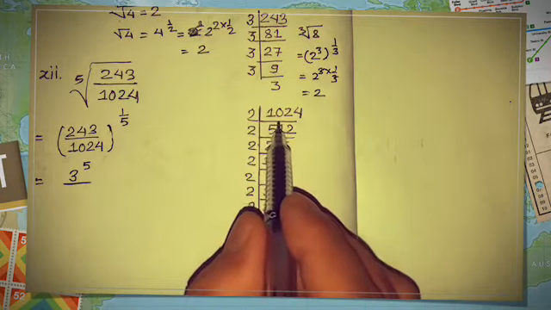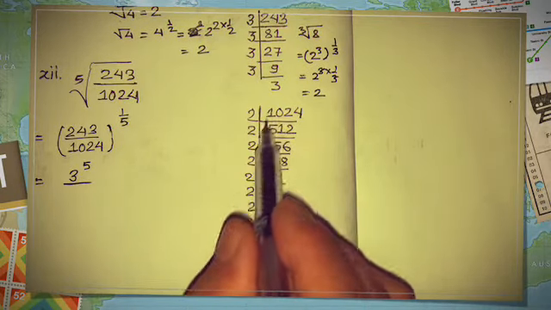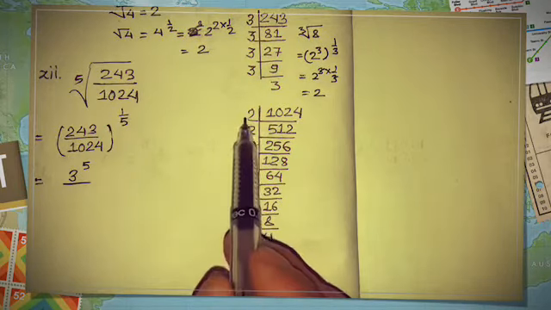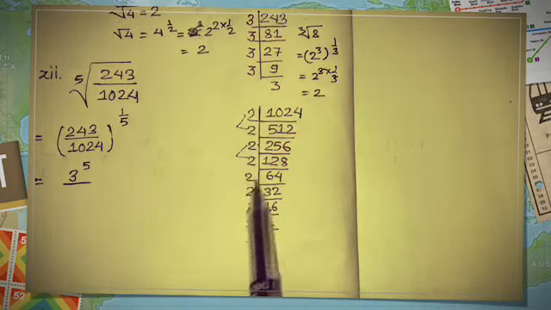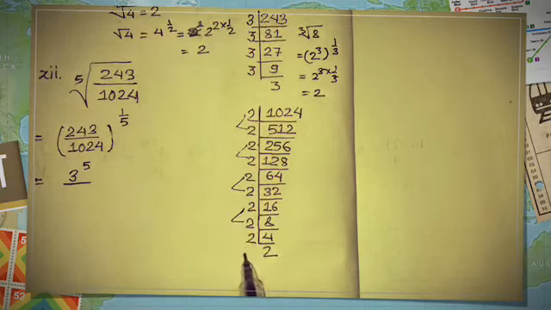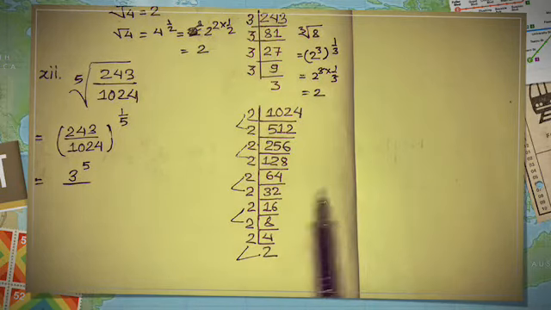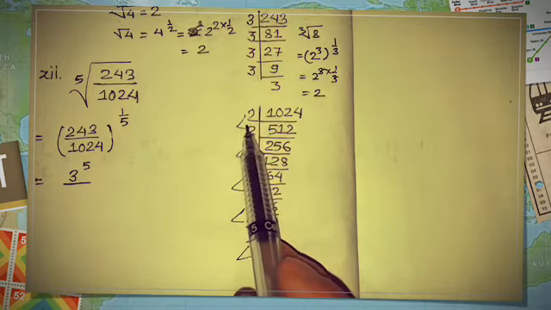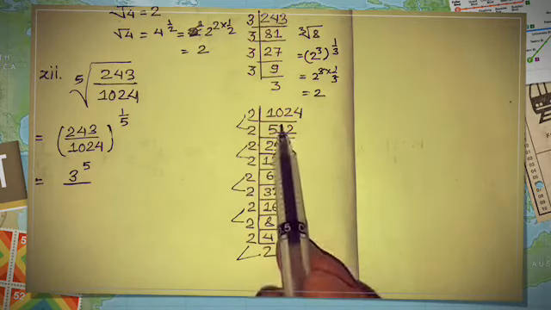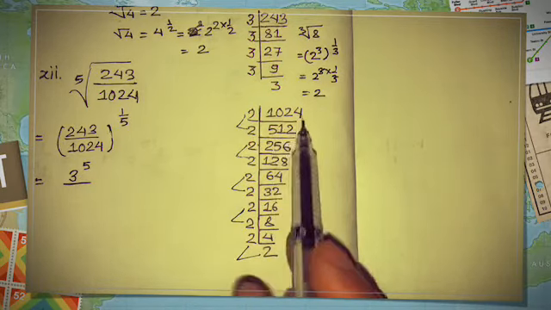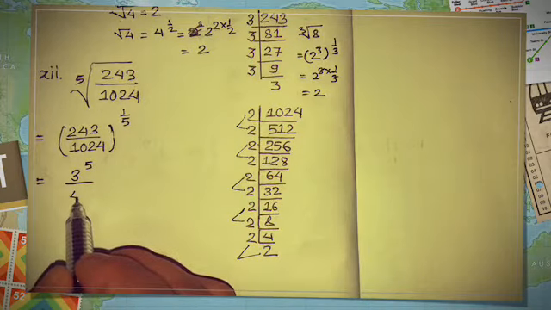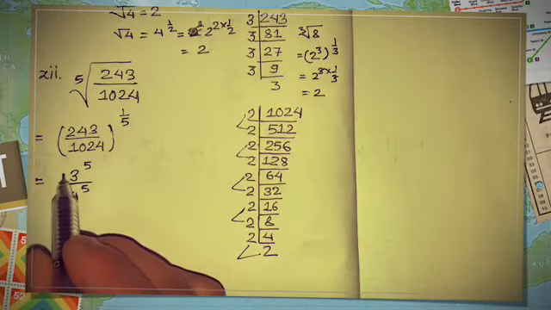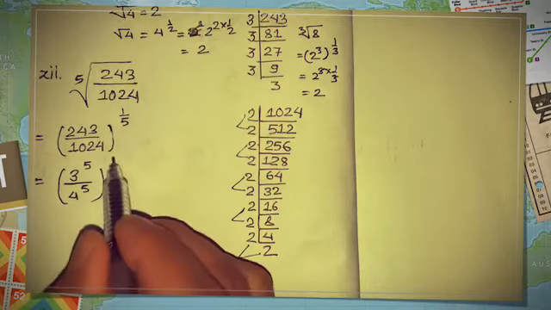Similarly, 1024: look here, you have to make groups. We can say this is 4. If 4 is multiplied 5 times, then 1024 is obtained. So we can say this is 4 to the power 5.